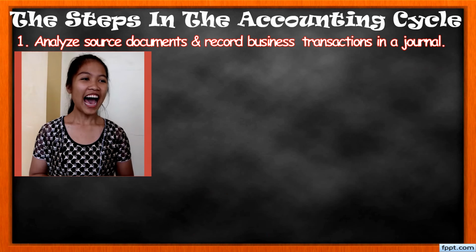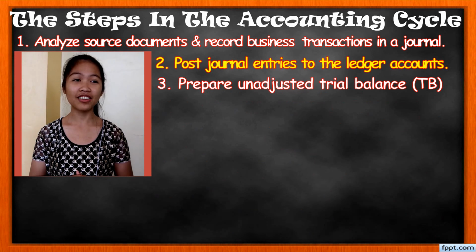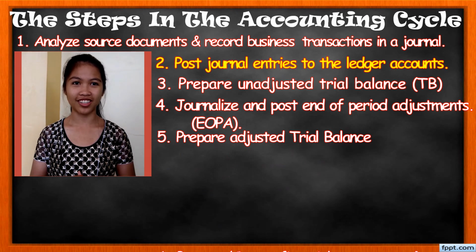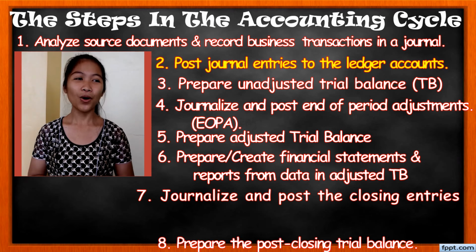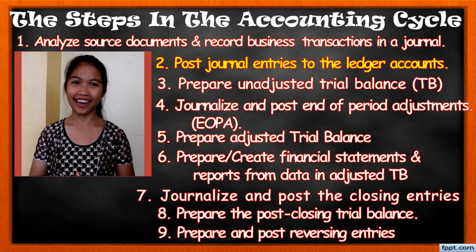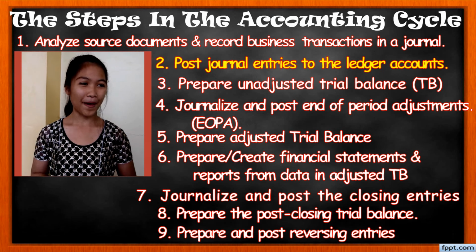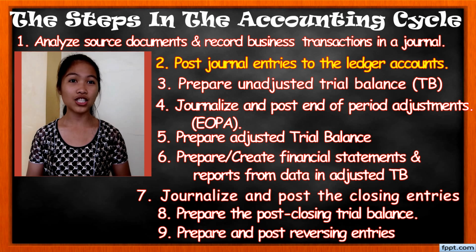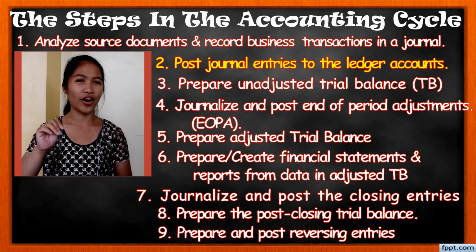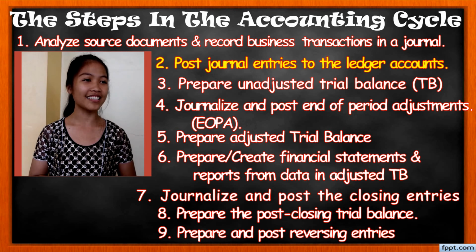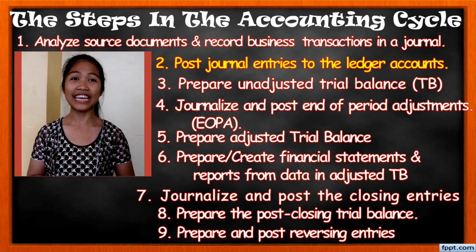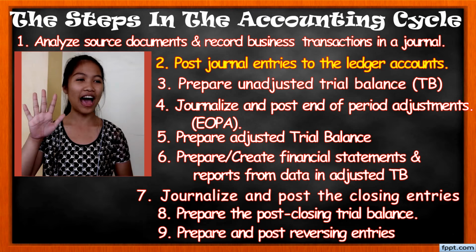Number 1. Analyze source documents and record business transactions in a journal. Number 2. Post journal entries to the ledger accounts. Number 3. Prepare an unadjusted trial balance or TB. Number 4. Journalize and post end of period adjustments or EOPA. Number 5.